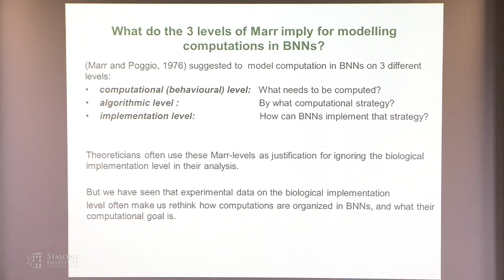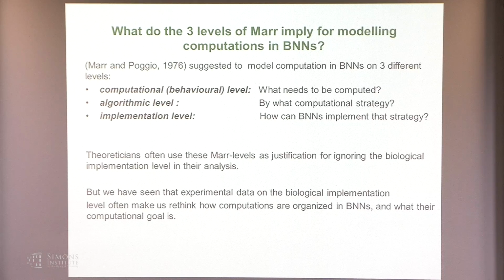There's also another principled method for at least classifying models, which was proposed a long time ago by Maass and Poggio, so that you have the abstract computation level, then the algorithmic level, then the implementation level. And there's a very long tradition of theoreticians saying, let's just think about what needs to be computed and what are good algorithms for this, because there I can use all the tools I'm familiar with, and then somehow somebody else has to figure out how biological neural networks can really implement this strategy.